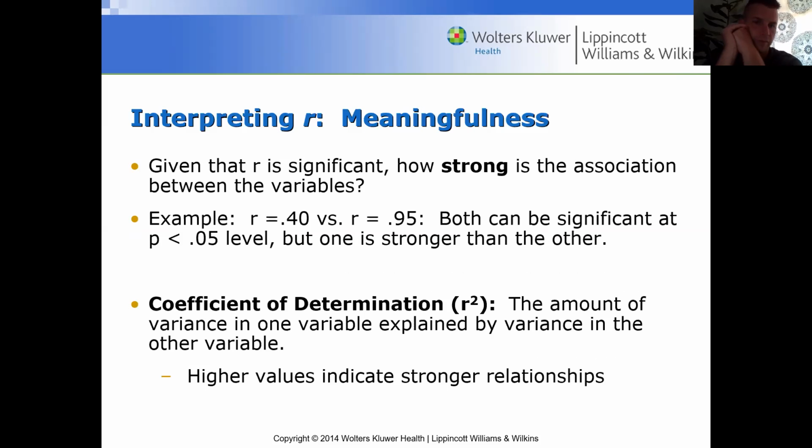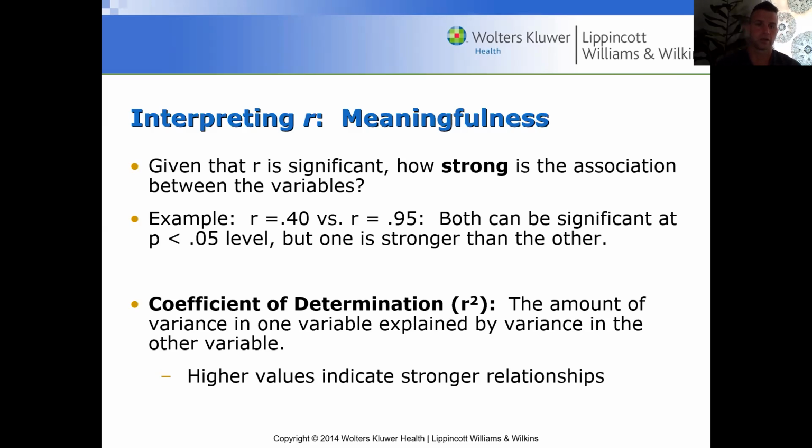If the R is 0.4 versus 0.95, both can be significant as long as the P is less than 0.05, but one is stronger than the other. The 0.95 is much stronger than the 0.40. If you set your alpha level and your P comes in less than 0.05, you may not have a strong relationship with the 0.40, but it is statistically significant.